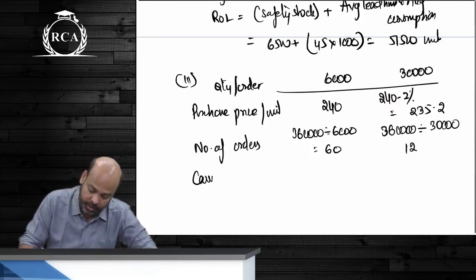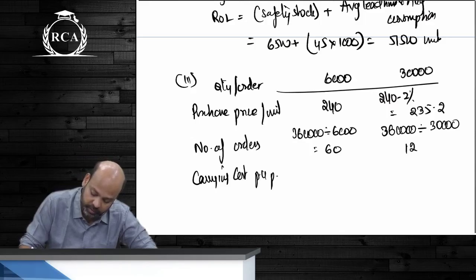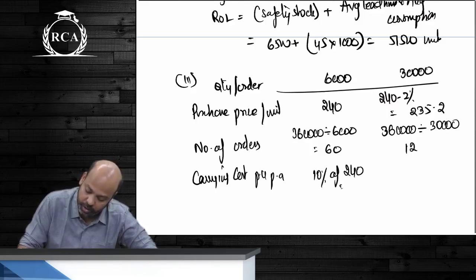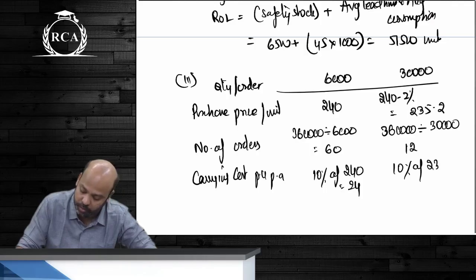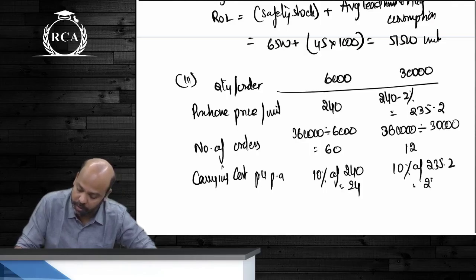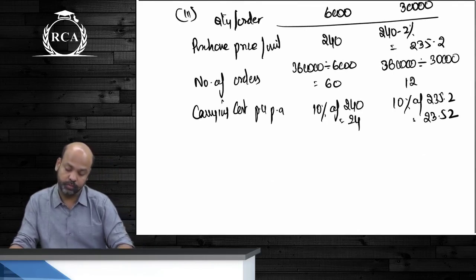Carrying cost per unit per annum, because it is given in percentage, guys. What will I write with that? 10% of 240, 24 rupees. 10% of 235.2, 23.52.